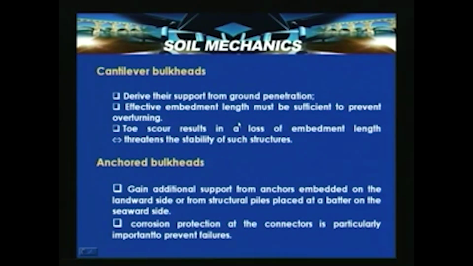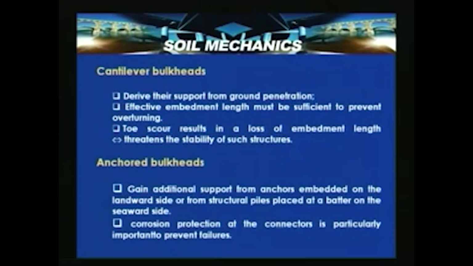If it is inadequate, overturning can occur. If there is any cover in front of the wall, it causes a loss of embedment depth and threatens the stability of such structures.